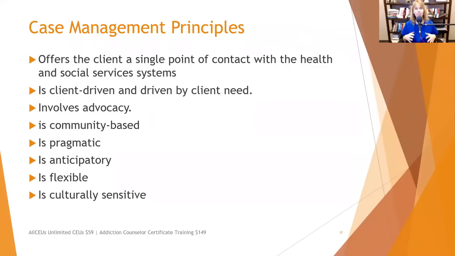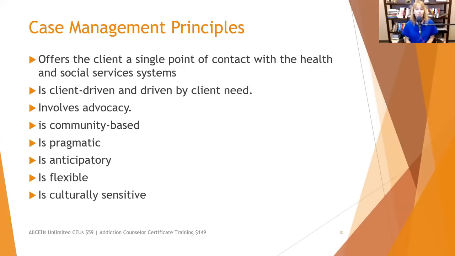The case management philosophy says, okay, there's one single point of contact that helps identify the resource needs and refers out, and referral sources report back to that one single point of contact. And then everybody can communicate with that single point of contact to figure out how Jim Bob's doing.